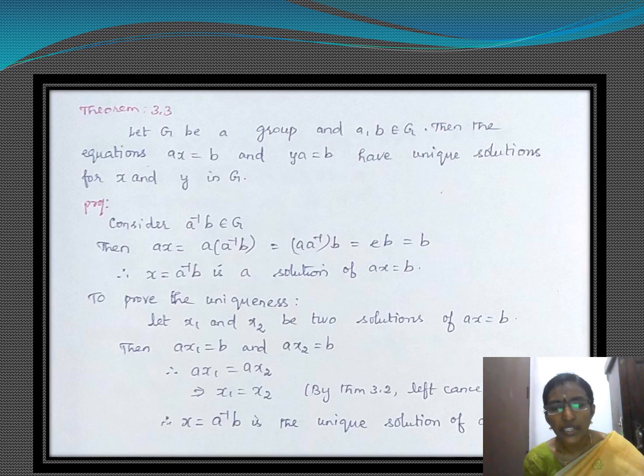Therefore, let me take two solutions for Ax equal to B. Let x1 and x2 be the two solutions for Ax equal to B. Then Ax1 equal to B and Ax2 equal to B. On simplification, we get Ax1 equal to Ax2, which implies x1 equal to x2 because the left cancellation law is true in G. That is, the solution must be unique. Hence, x equal to A inverse B is the unique solution of Ax equal to B.